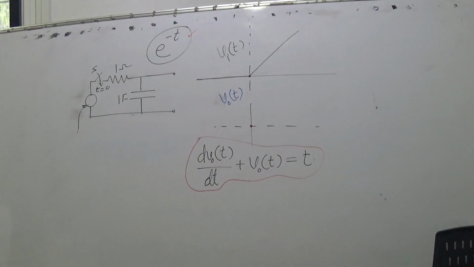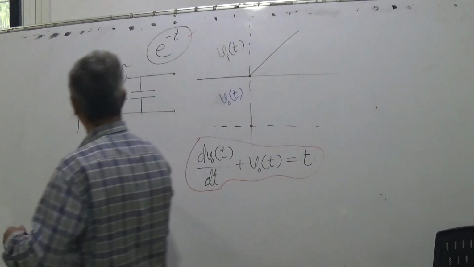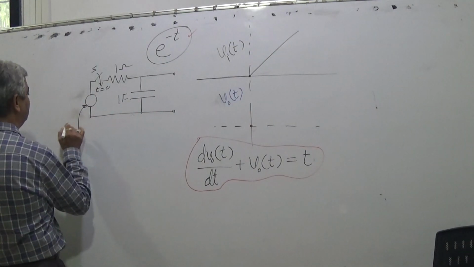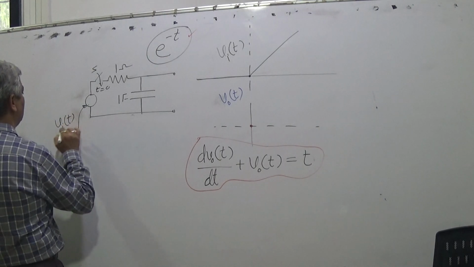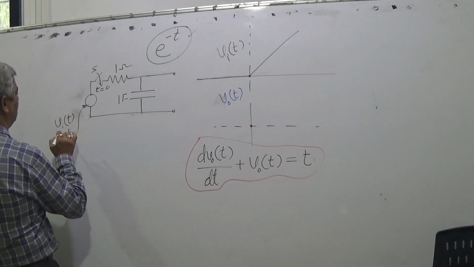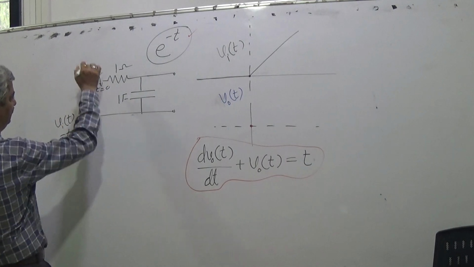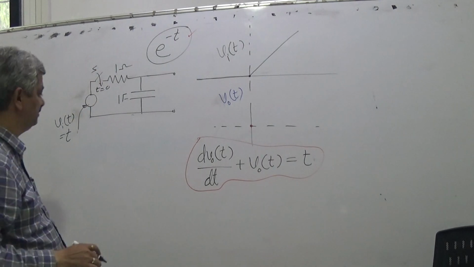I am sure that those who are curious amongst you might have checked it further. The input applied, v in of t, is equal to t. We apply t and we close the switch at t equal to 0.